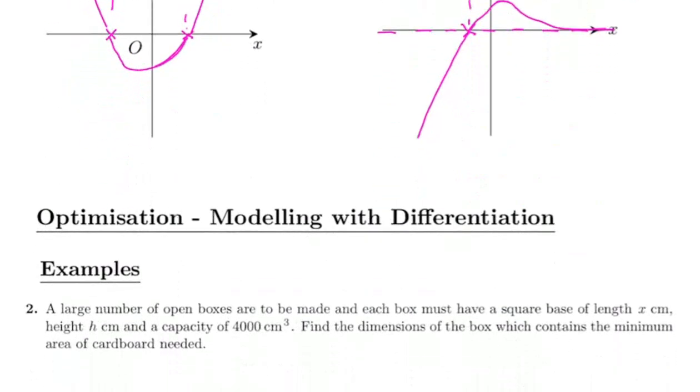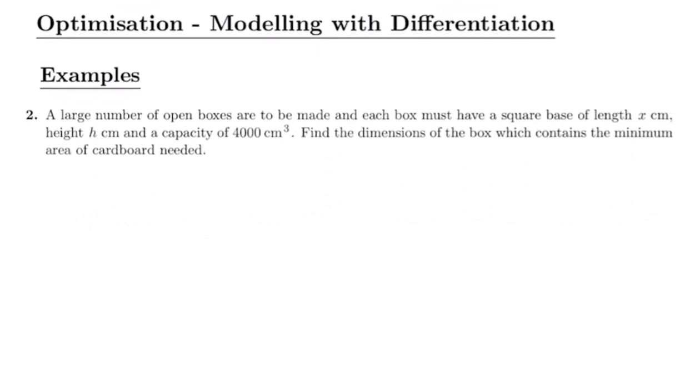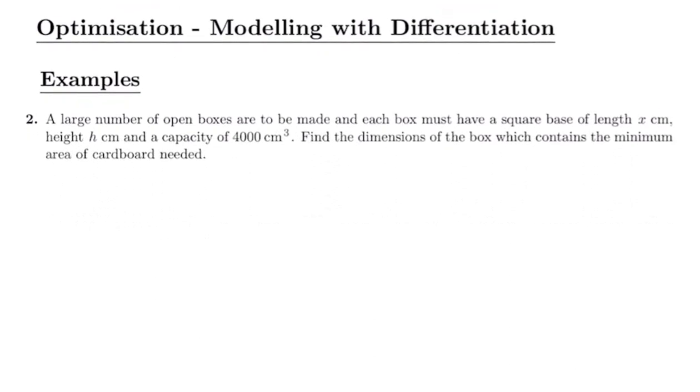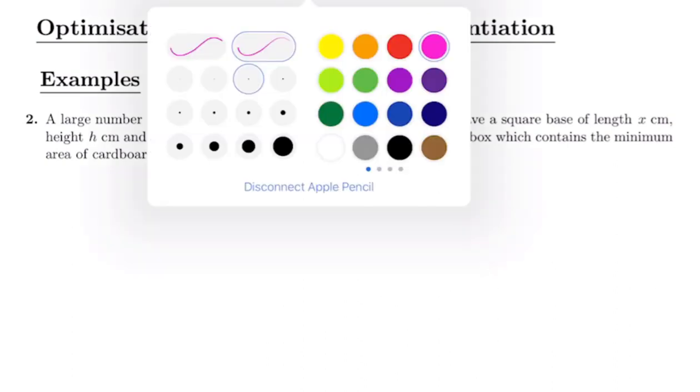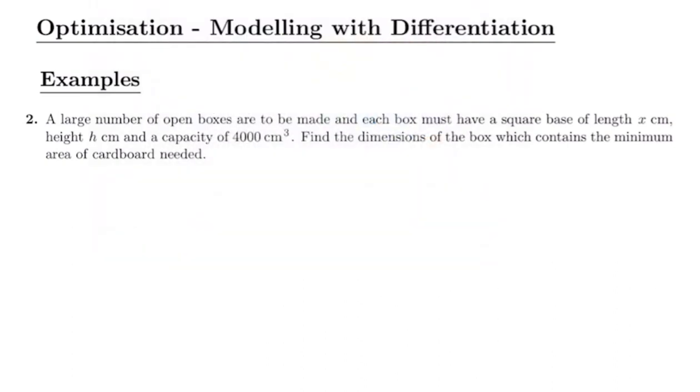Right, now the last bit of this is optimization, modelling with differential equations, and I'm going to do 2 modelling questions. They all usually come in the same form, so let's have a little look at this question. It says a large number of open boxes are to be made, and each box must have a square base of length x centimetres, height h, and a capacity of 4,000 cubic centimetres.